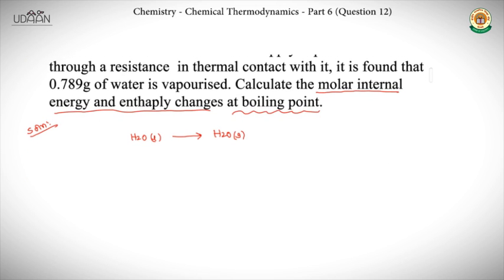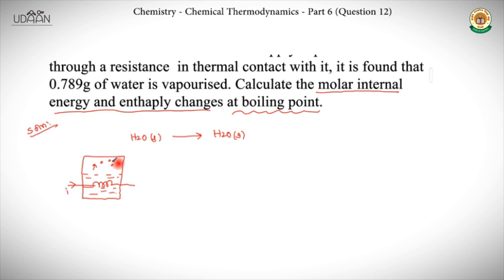We are supplying some heat by using some coil. So we have a system with a coil, a resistance, and a current. We have water in this, and because of the heat supply, this water is converting into vapor.